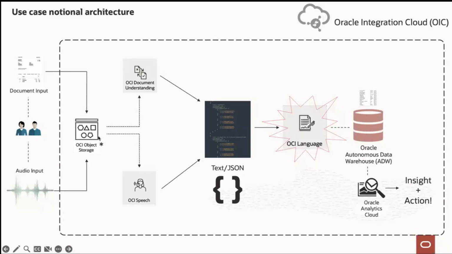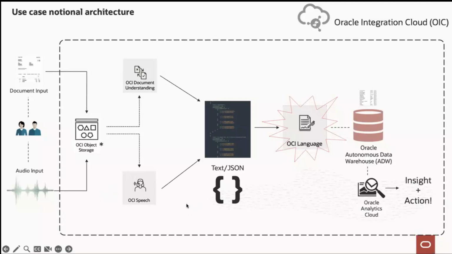It doesn't have to be, I want to mention. Document understanding does have a synchronous API for smaller documents, where you can call it as a REST service. It gives you the output directly in a synchronous manner. Likewise, OCI Speech does have live transcribe now supported.